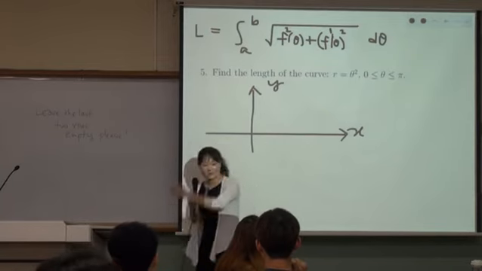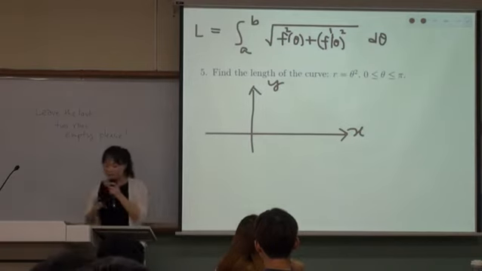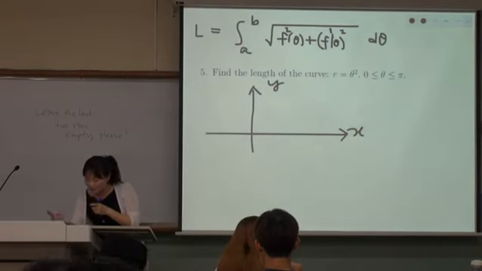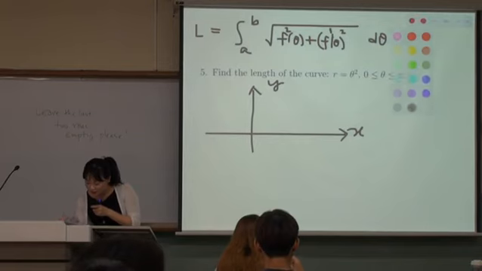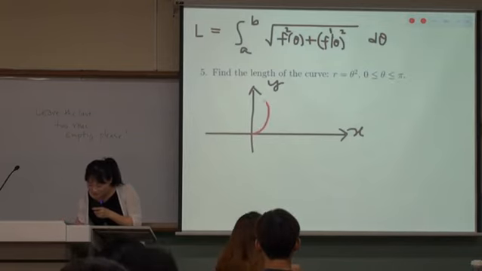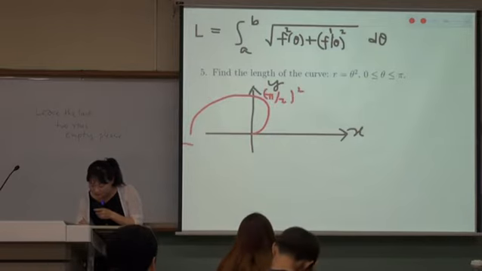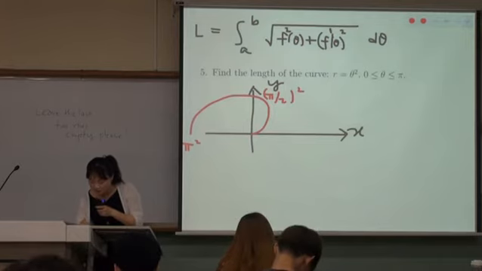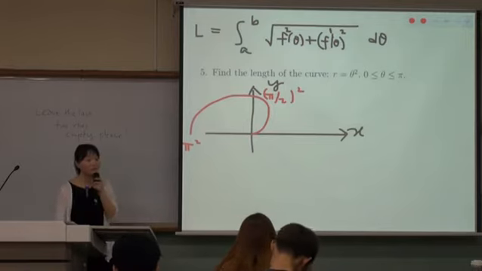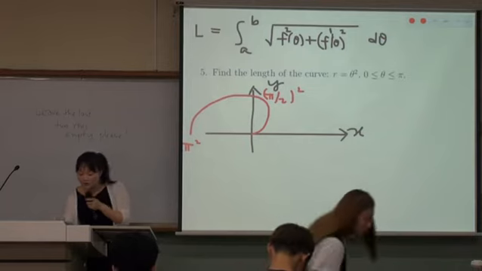It goes around like a whirlwind, right? Spiral, right? So this looks like this. So that is pi over 2 squared, and this is pi squared. Make sense? So this is a spiral.